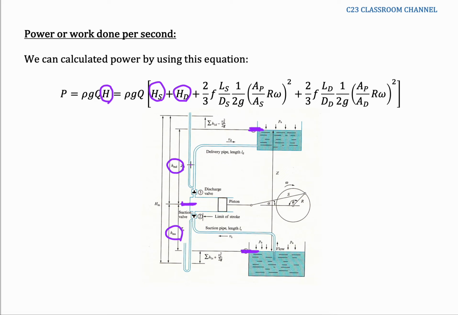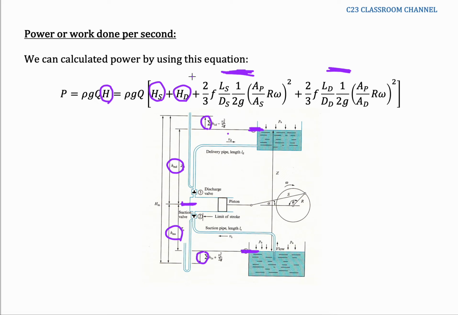To make sure that this pump can deliver water in this situation, we must include the friction that occurs in the suction and delivery pipes in the power calculation. That's why we need to include the value of losses in suction and also the maximum losses in delivery. The idea is very simple.